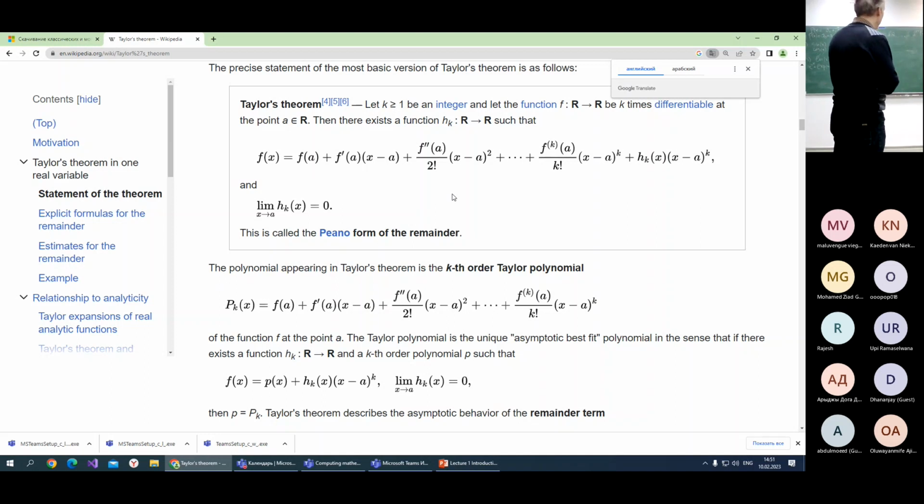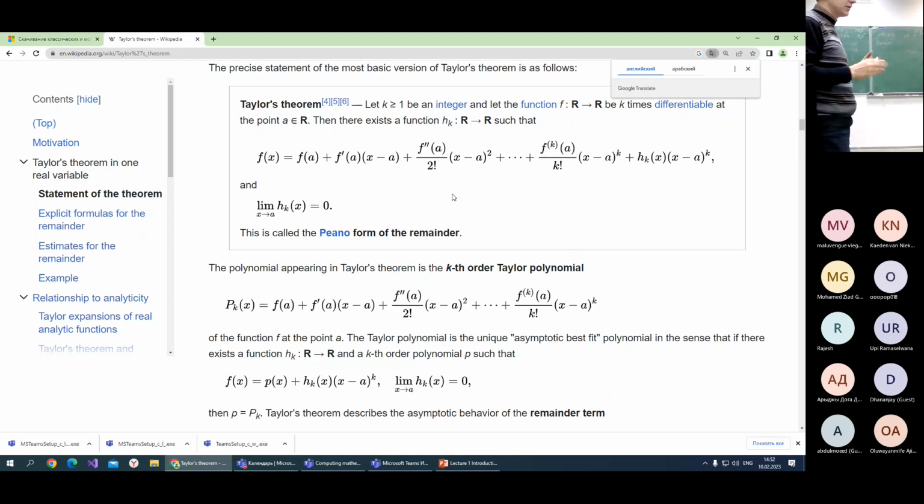And now we can ask the question: can we compute the value of the function at some other point? For example, f of x plus h. So suppose that we have a small step. We can denote this step as h, or we can denote this step as delta x, in any notation. It means that we move from the point x by some small step.